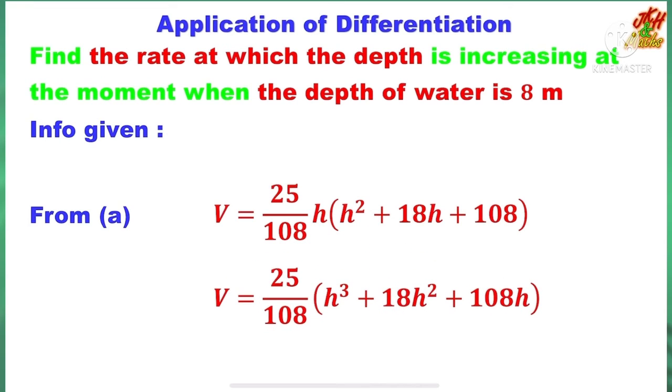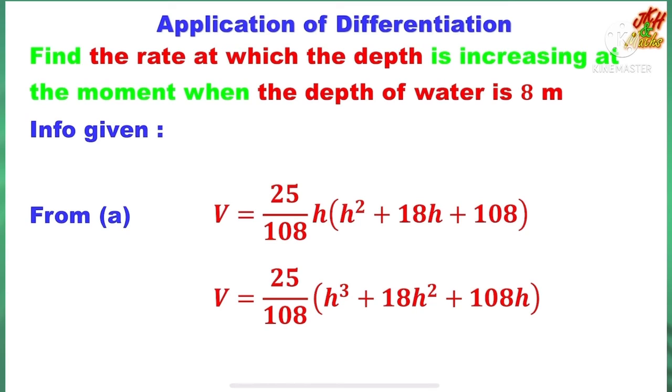So we expand this expression. So we have V equal to 25π/108 times h³ + 18h² + 108h. By differentiating both sides with respect to h, we get dV/dh equal to, in the bracket, when h³ we differentiate it with respect to h, we will have 3h².